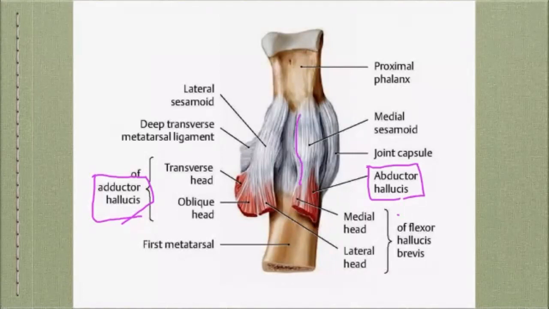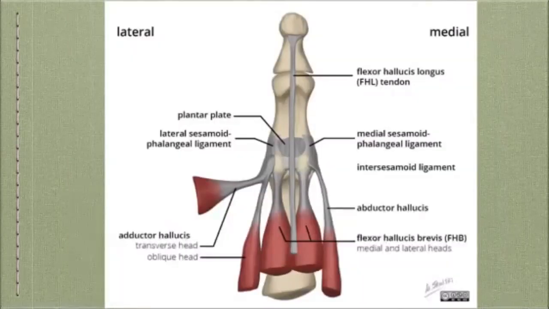So all of these fuse together to form the conjoint tendon, right? This sheath is the conjoint tendon, right? See, these are the adductor and this is the abductor, right? All of these in the tendinous sheaths, right?